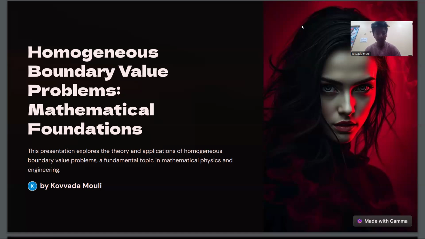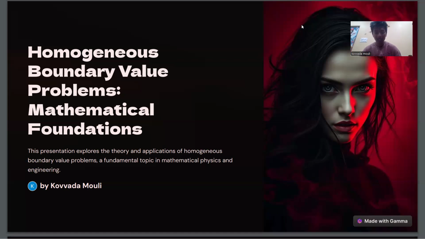And the next one is the Sturm-Liouville problem. A classical example of a homogeneous BVP is the Sturm-Liouville problem, formulated with homogeneous boundary conditions. Such problems are fundamental in solving PDEs via separation of variables.